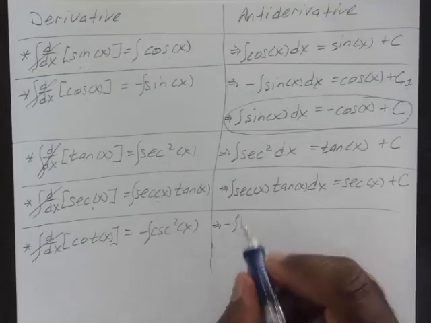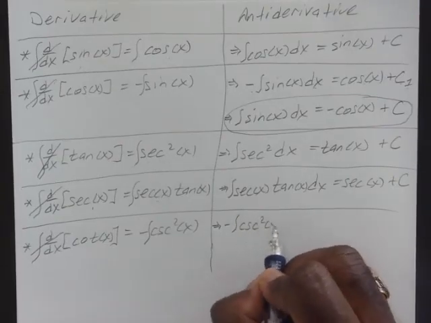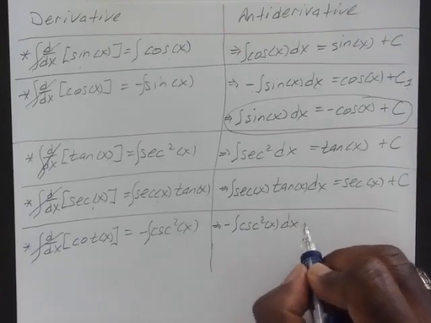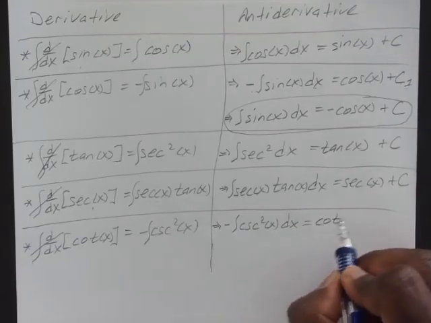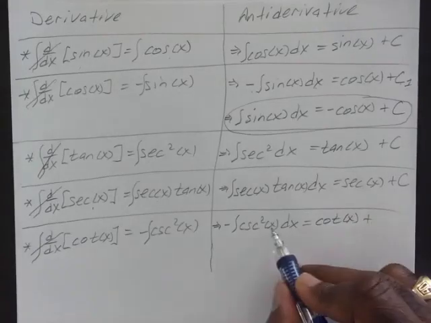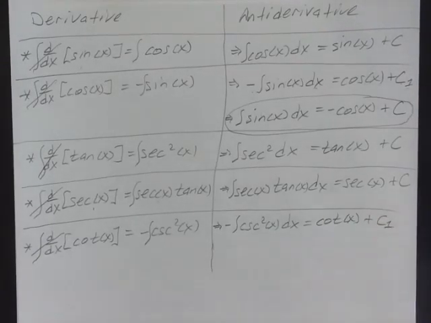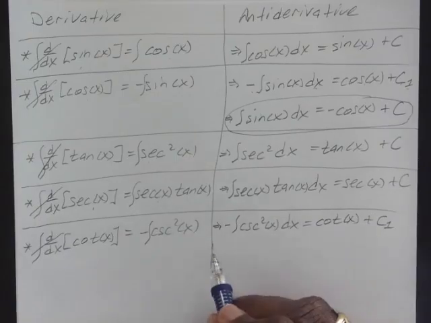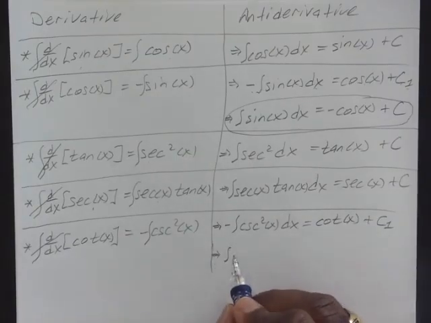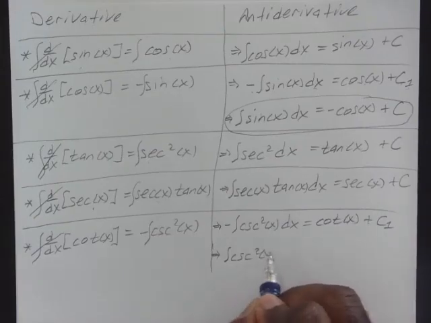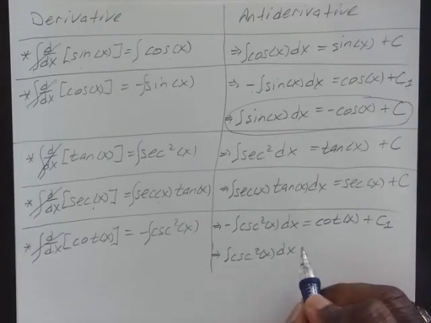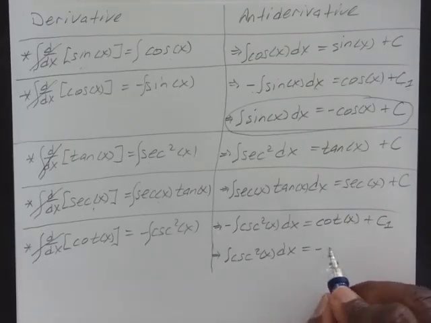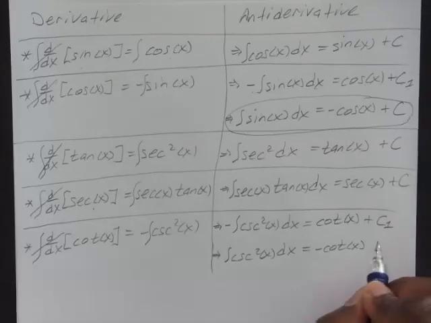So we know the negative antiderivative of cosecant squared of x with respect to x is equal to cotangent of x plus some constant we'll call c1, because once again, we're going to have to multiply or divide each term by -1. Which gives us the antiderivative of cosecant squared of x with respect to x is equal to negative cotangent of x plus c.